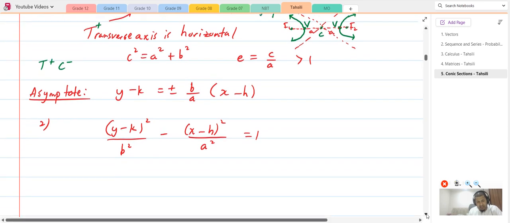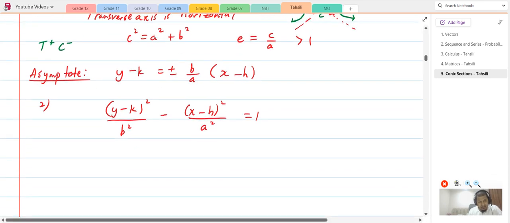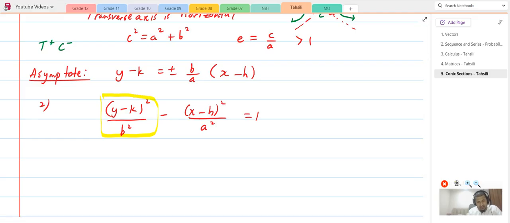So where's the transverse axis? The transverse axis is here, the positive. T positive, C negative. The conjugate is negative, right? So this is a vertical hyperbola. It shouldn't be shaped like a parabola, obviously. The center is (h, k). Let me just draw the center line so I'll show you what this hyperbola looks like.